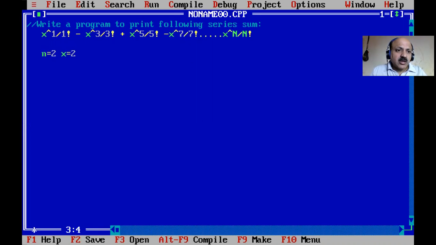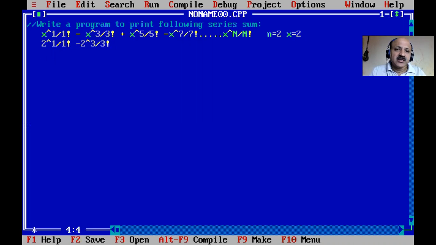Here I can include it so you can understand. 2 raised to 1 divided by 1 factorial, then minus 2 raised to 3 divided by 3 factorial. Now we can solve.